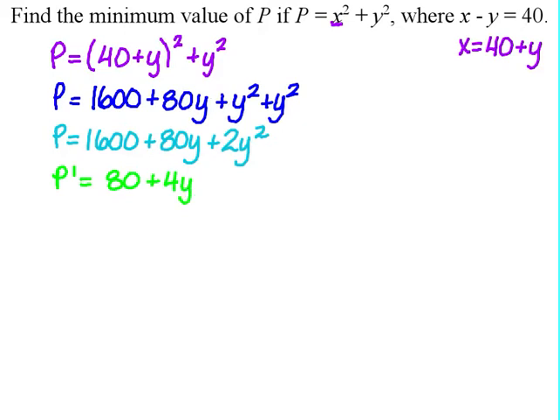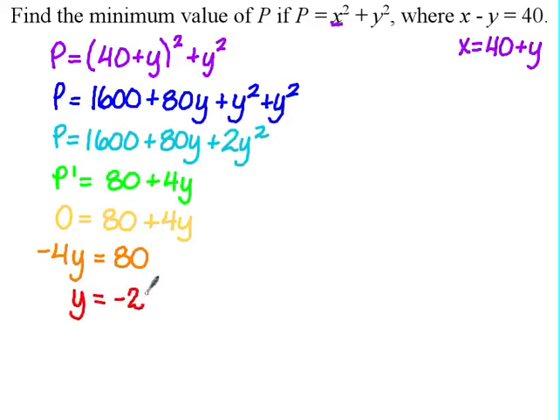Next step is to set the derivative equal to 0 and essentially find my critical numbers. So I get negative 4y equals 80, and then y equals negative 20.